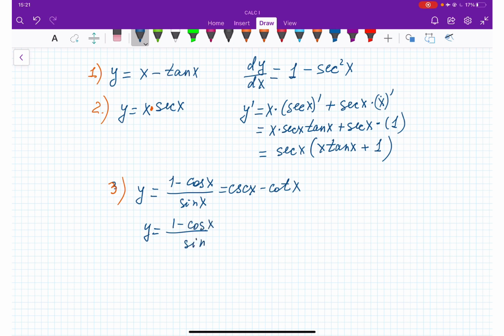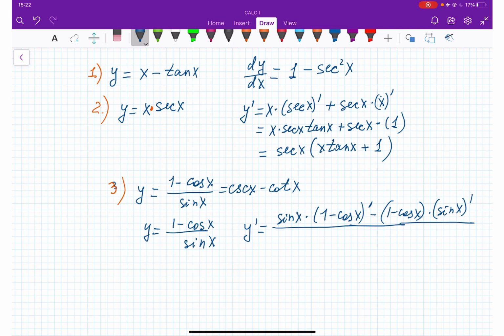So y prime is equal, the quotient rule tells us, sine x times 1 minus cosine x, minus 1 minus cosine x prime, which is the derivative, and then minus 1 minus cosine x times the derivative of sine x, and divided by sine square x.